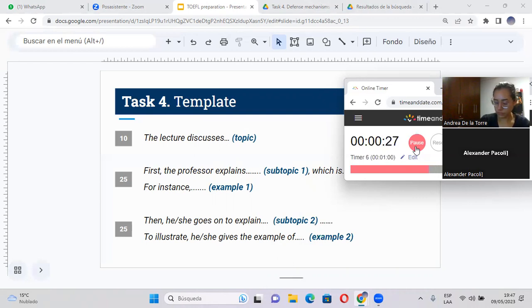For instance, if you lose the dog, you can imagine the dog stays with you, and you imagine that situation. Then she goes on to explain sublimation, and to illustrate, she gives an example to emphasize the negative emotions.